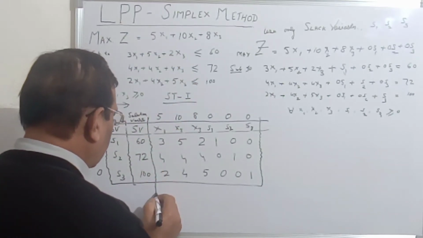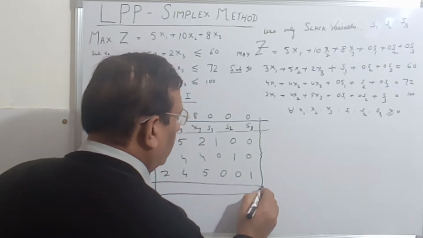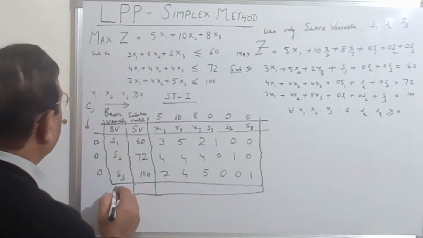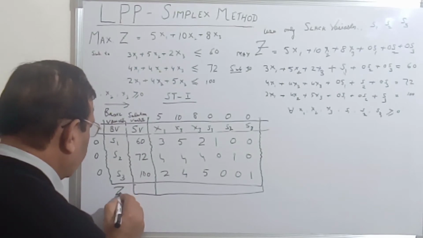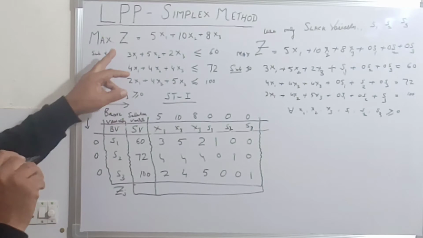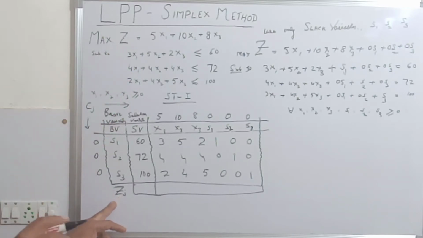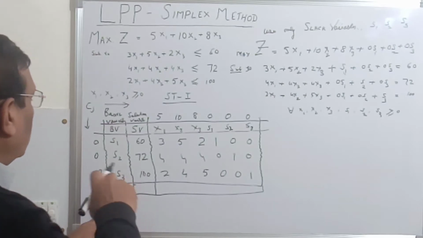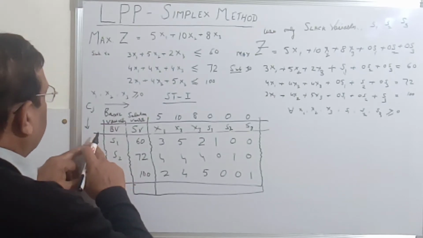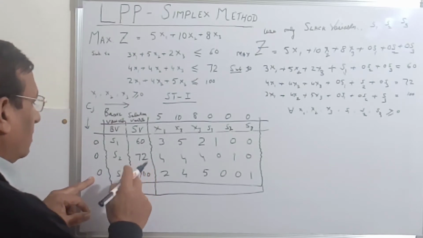Then, the second step is to find out Zj. Z is the objective function; here we are using the abbreviation Zj. How to calculate Zj? This into this plus this into this plus this into this.